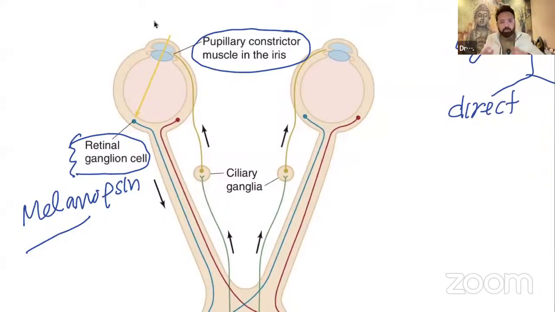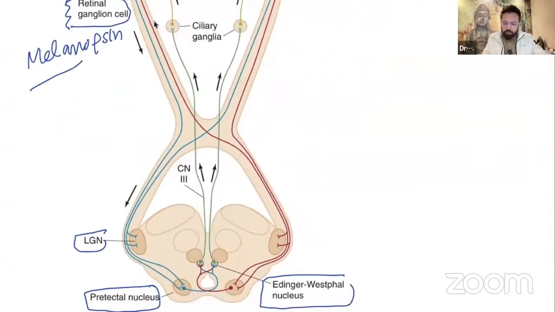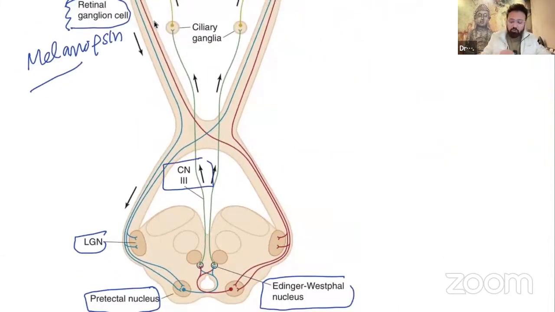So it is bypassing your lateral geniculate body, the third cranial nerve is involved, and this is your light reflex. It is not the visual reflex. A lot of differences are there in the light reflex and the visual reflex, doctors. So this is light reflex. So just by putting a torch, you can know the whole tract is intact.